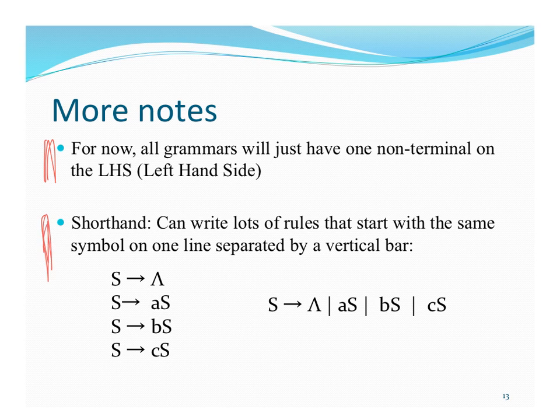And note 2 is, you know, computer scientists like shortcuts, and mathematicians like shortcuts too. And so what we're going to do is if we have a bunch of rules that have the same non-terminal on the left side, so for example, all of these rules have the non-terminal S on the left-hand side, we can combine these rules by just saying S goes to lambda or aS or bS or cS. And here we go again.